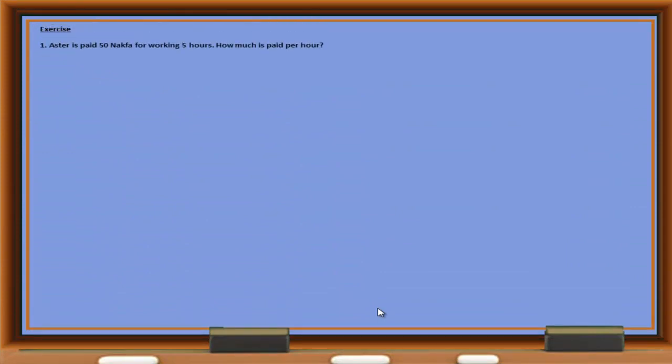Exercise number 1. Aster is paid 50 nafa for working 5 hours. How much is paid per hour? Solution: for 5 hours she receives 50 nafa.